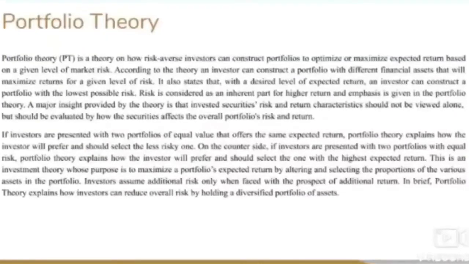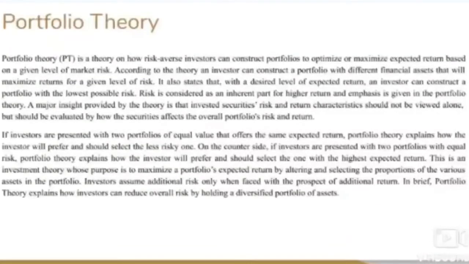According to the theory, an investor can construct a portfolio with different financial assets that will maximize return for a given level of risk. It also states that with a desired level of expected return, an investor can construct a portfolio with the lowest possible risk.